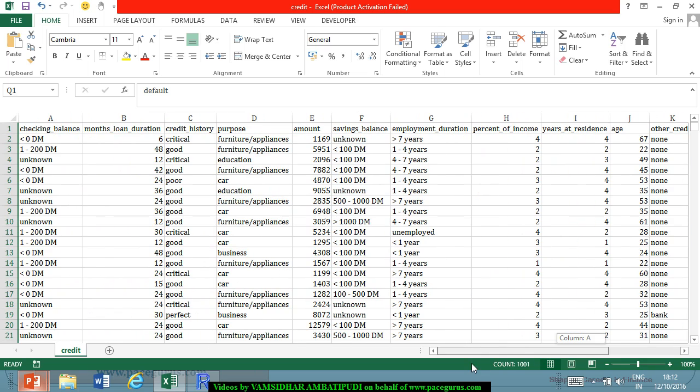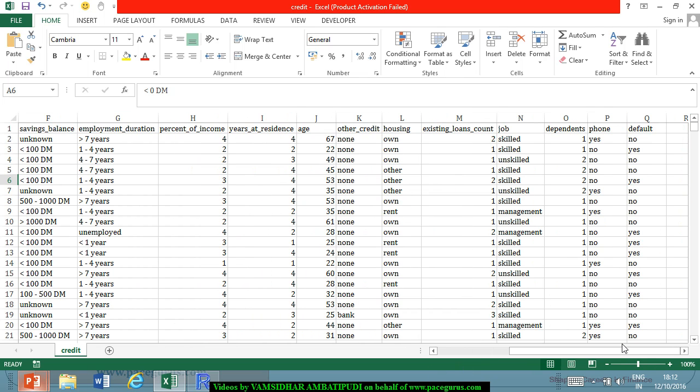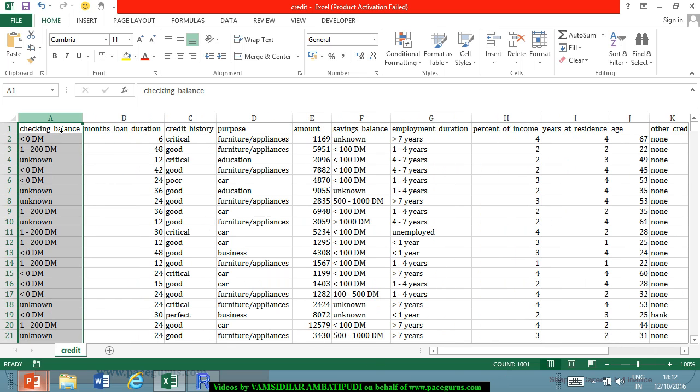This is German data, so the amounts are in Deutschmark, which is very old data. Some of the variables people have brainstormed as influencing the default are the checking balance, with different kinds such as less than 0 DM, 1 to 200 DM, unknown.